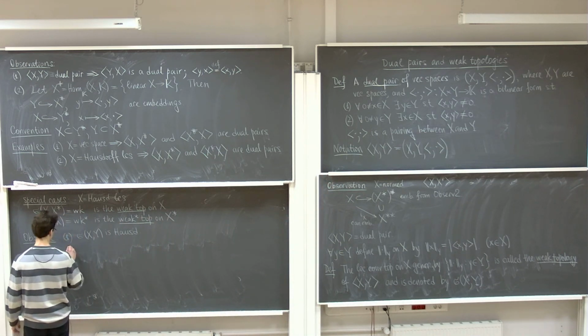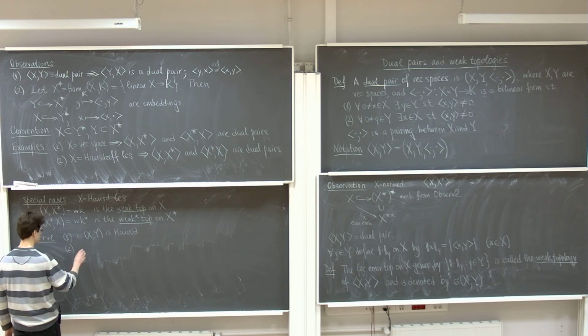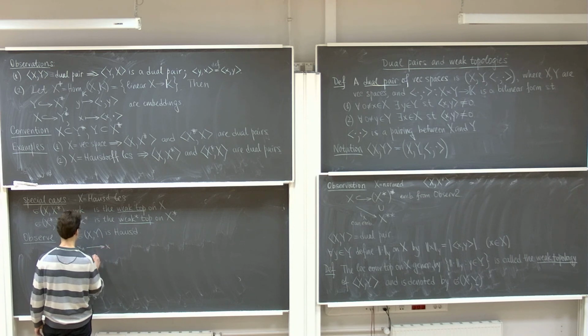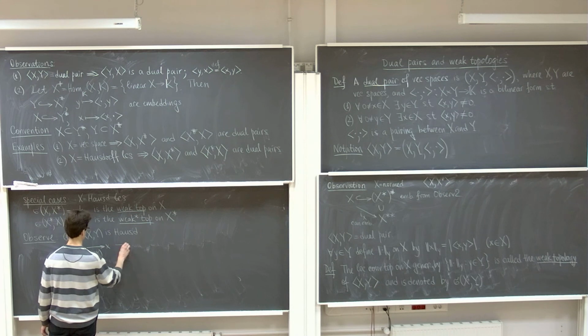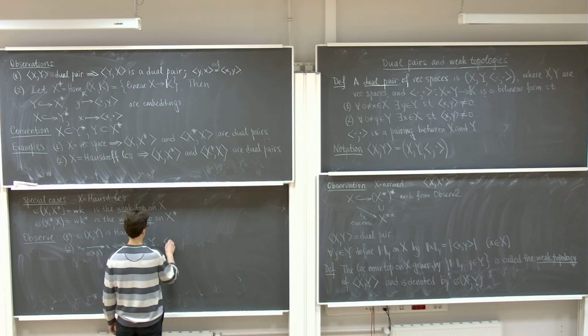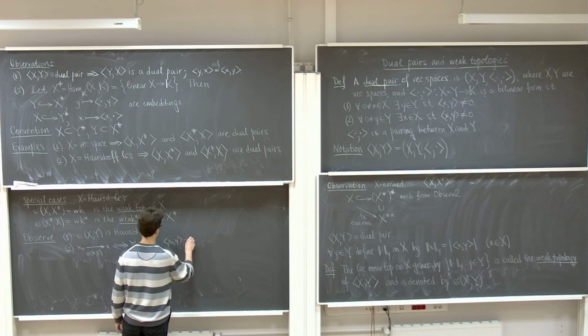The second observation is about convergence. If we have a sequence in X, then the sequence converges to x with respect to the weak topology if and only if it converges at each element of Y. So for each y in Y, <x_n, y> converges to <x, y>.